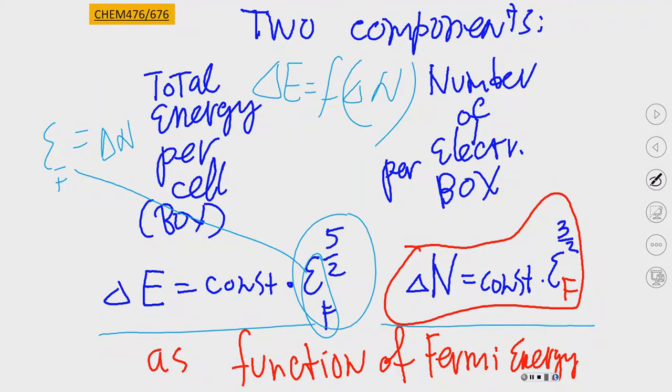Delta n to the 2/3, and you plug it here, and then you get that delta E will be delta n to the power 2/3 into the power 5/2, right?